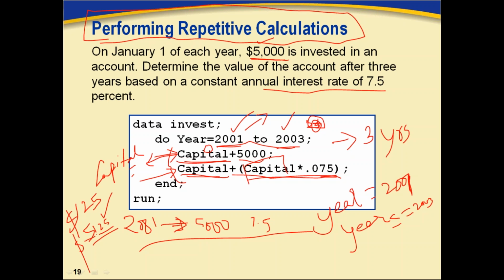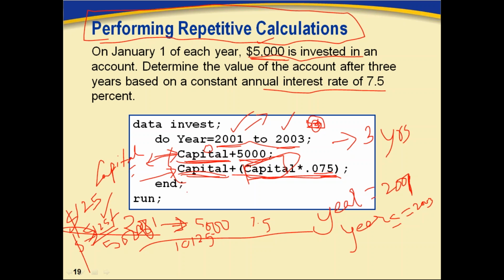So in total you have 5,125, and you are investing 5,000 again, because you said that every year you invest 5,000, right? So it will be 10,125. Now on 10,125, I need to calculate interest at 7.5%, and whatever value I get, I will store it in capital.